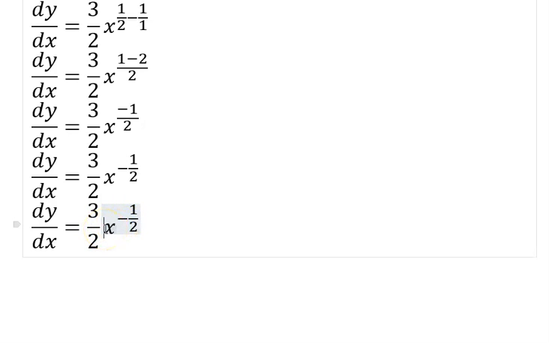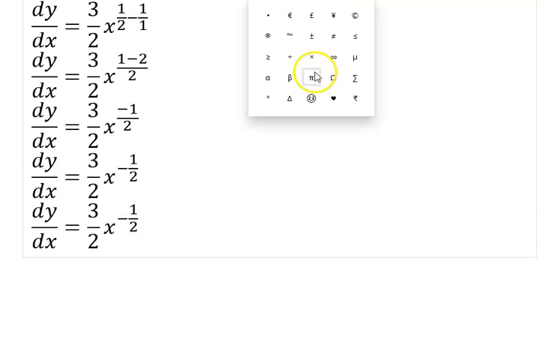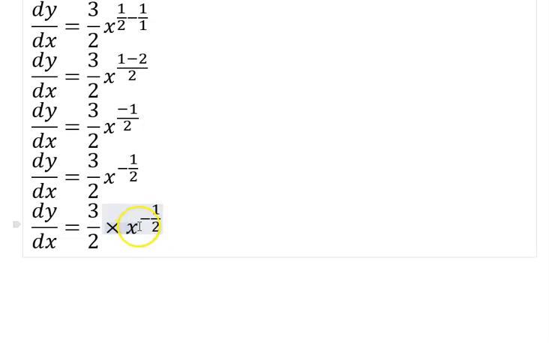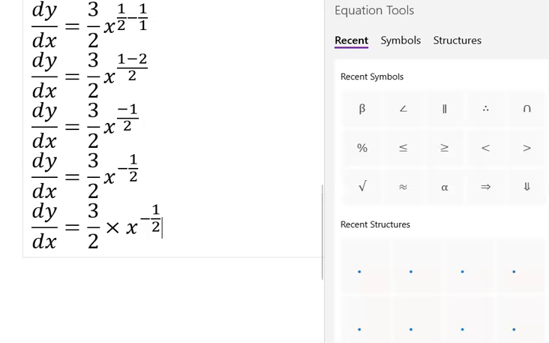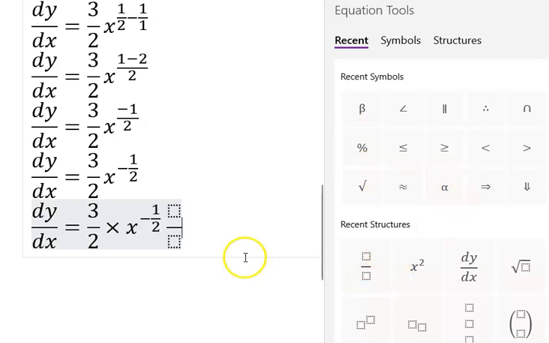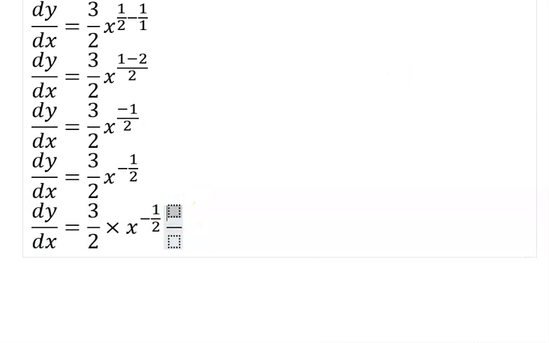So you can maneuver your way around what you have here. I'm trying to explain what the 3 over 2 can also turn into. Let me delete this to make our job easier.